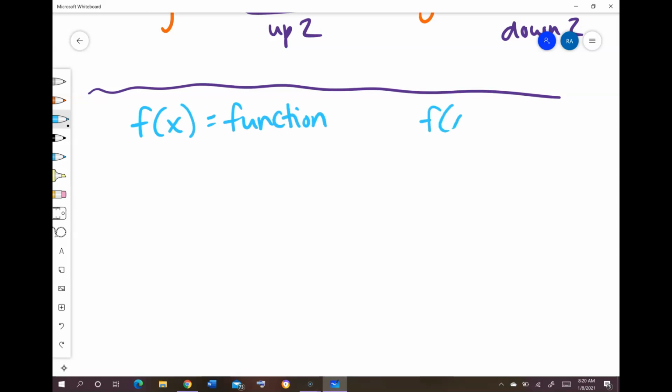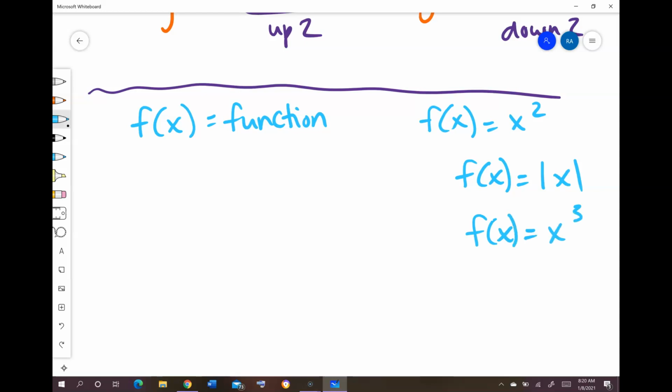F of x could be x squared. F of x could be the absolute value of x. F of x could be x cubed. It could be any function, okay? Now, you haven't learned absolute value. We're going to do that one in this unit. But it can be applied to any function that you will encounter or have seen, okay? So, transformations with function notation.